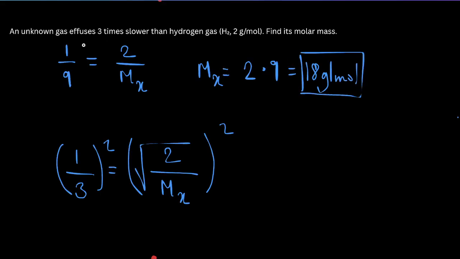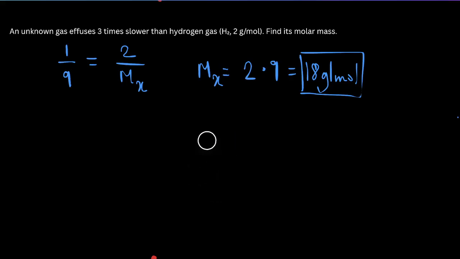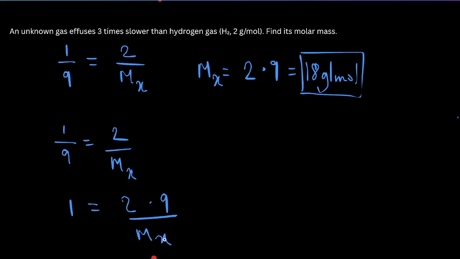Again, we're simply algebraically manipulating this expression, right? For clarity purposes, in case this is a bit confusing, we have 1/9 equals 2 divided by the molar mass of x. We can start by multiplying both sides by 9, which gives us 1 is equal to 2 times 9 over the molar mass of x. Now multiply both sides by the molar mass of x.